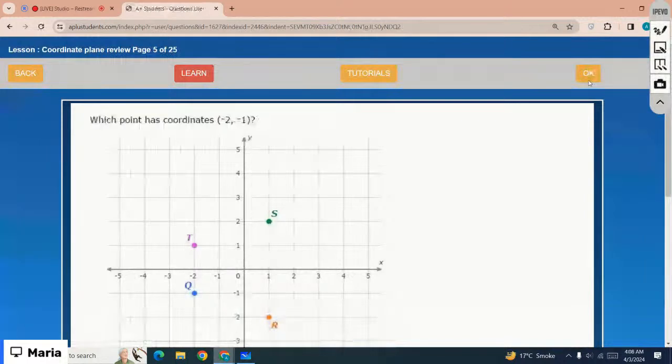Which point has -2, -1? So which is the correct option? Which option is the correct one?